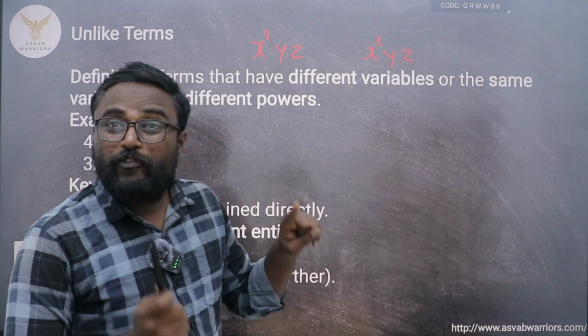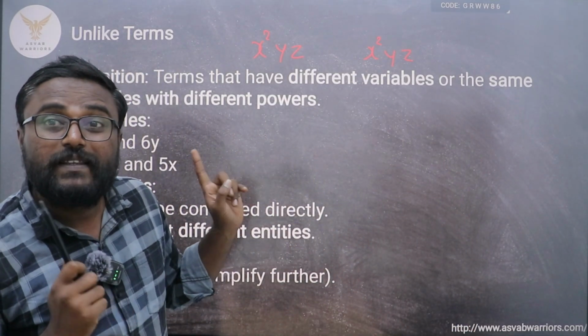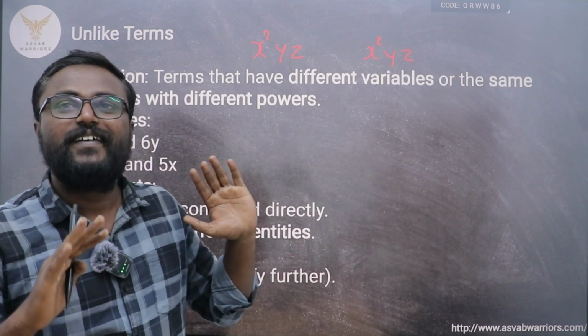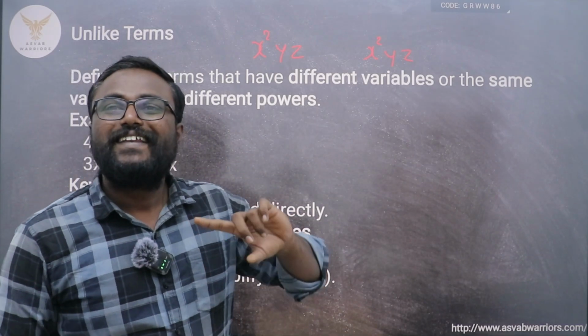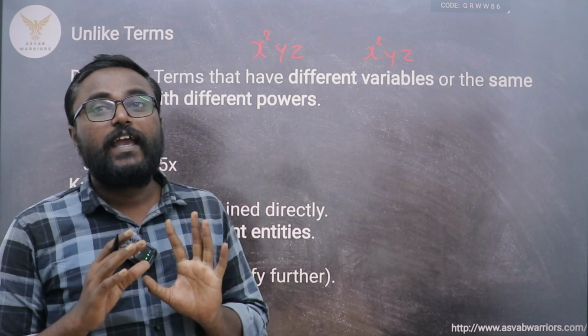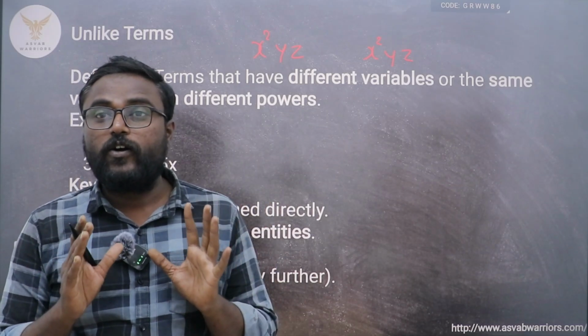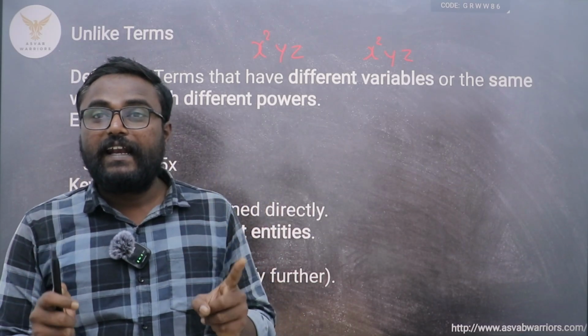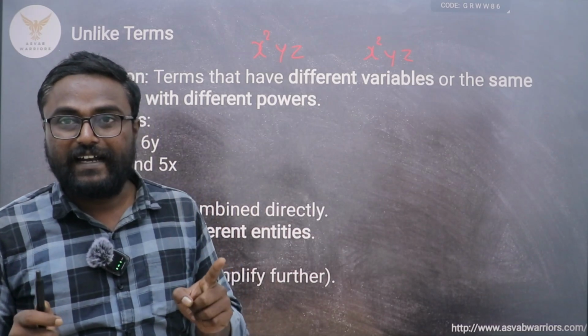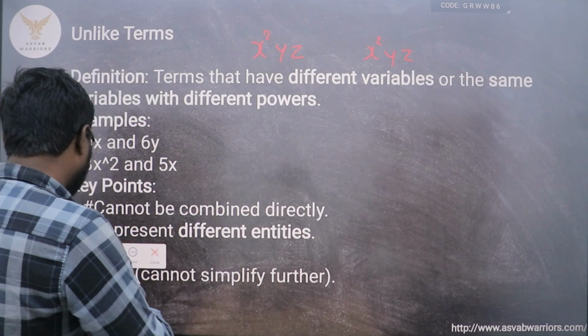Now look, the variables are same, x, y, z, but the powers of those variables are different. So these are unlike terms. You cannot add or subtract unlike terms. Remember that. Okay, I hope you understood it.